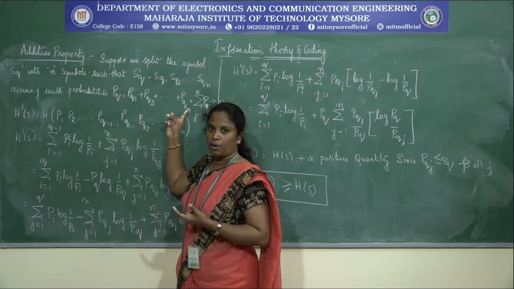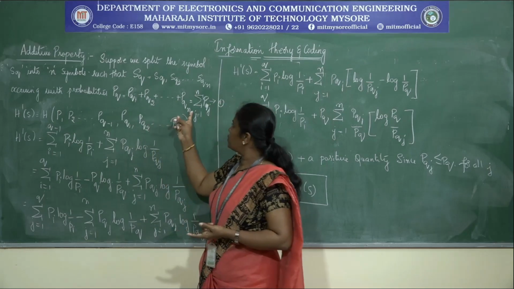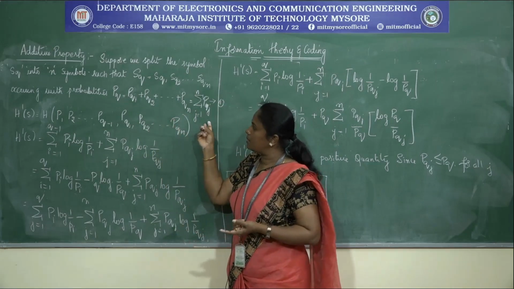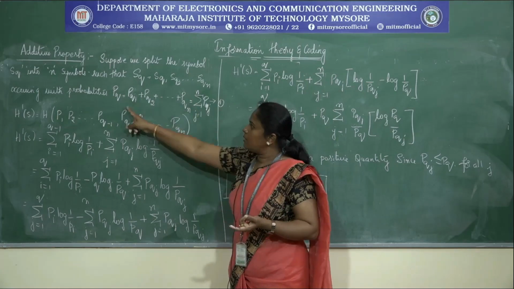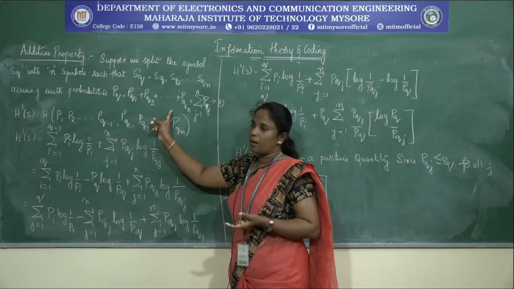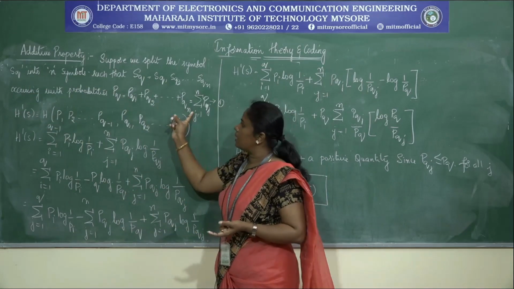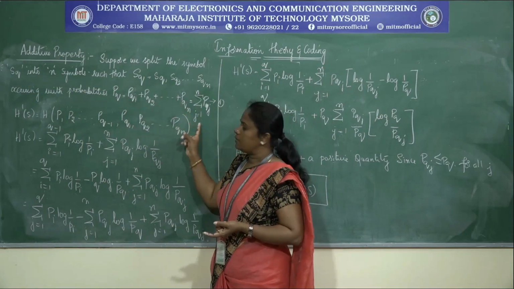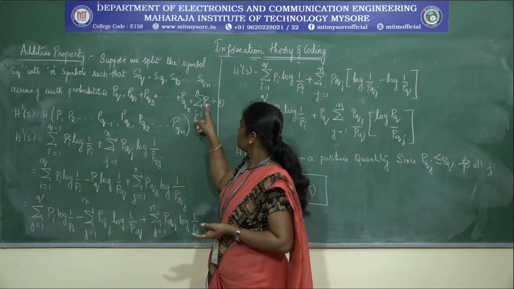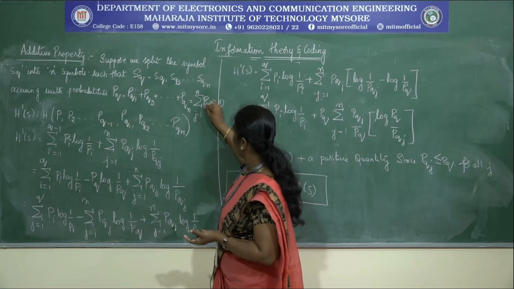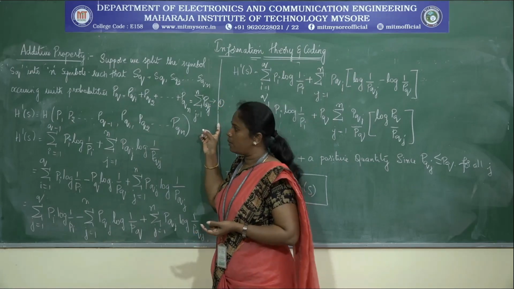In general we know that the summation of all the probabilities will be equal to 1. So here the summation of all these probabilities corresponding to the split symbols can be represented as the summation of j equals 1 to n of pqj. Let us consider this as equation number 1.